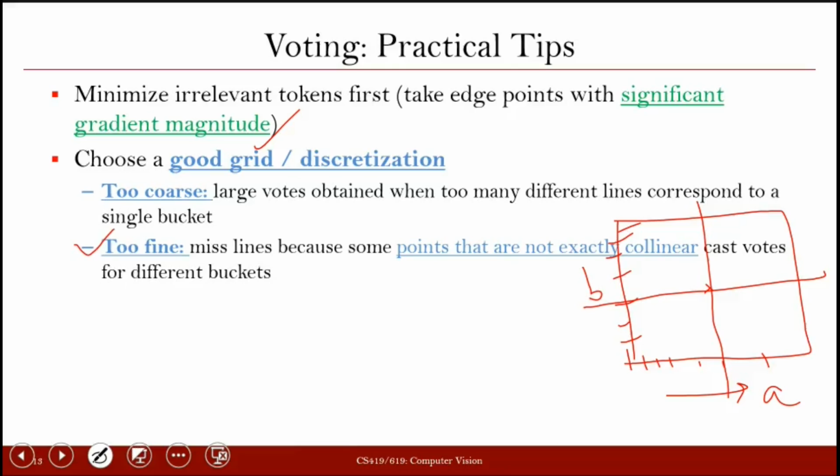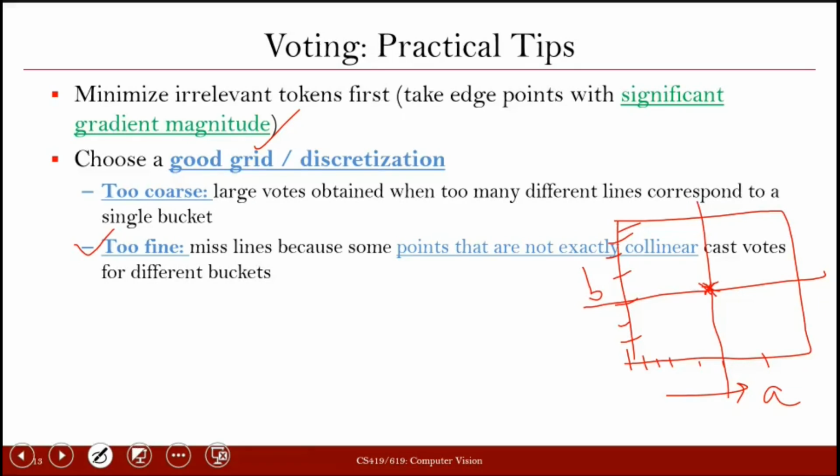Now in this particular case, if your grid is very strictly defined, then let us say you have a particular AB at this intersection, and it is getting some votes.